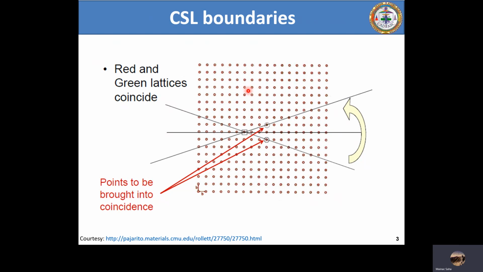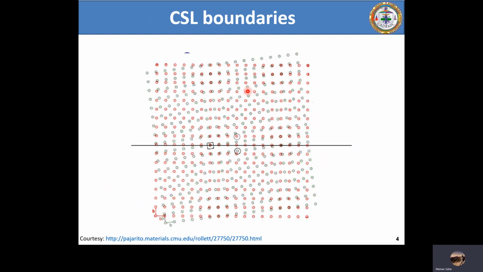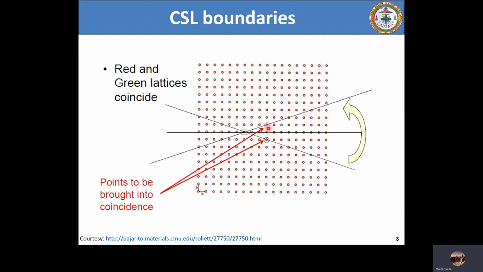But now let us look at the second case. Suppose the aim initially is to rotate this plane, to rotate this perfect arrangement.